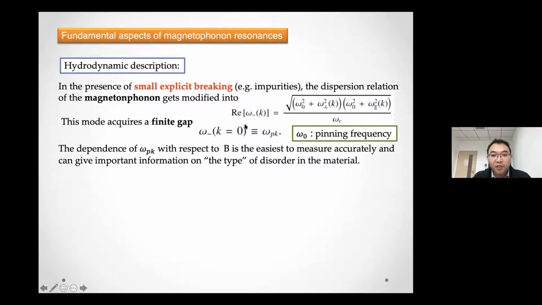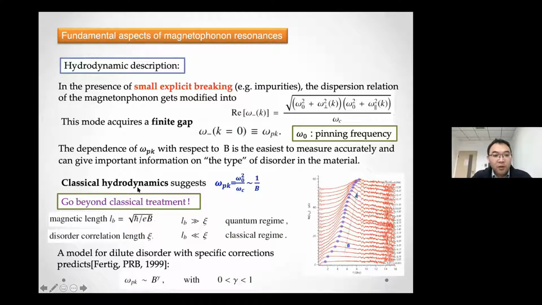You see at zero momentum, omega minus is equal to omega_peak, which is not zero. So this mode has a finite gap. Actually, the dependence of this gap with respect to magnetic field is very easy to measure precisely on the experimental side, and it can give very important information about the types of disorder in the material.